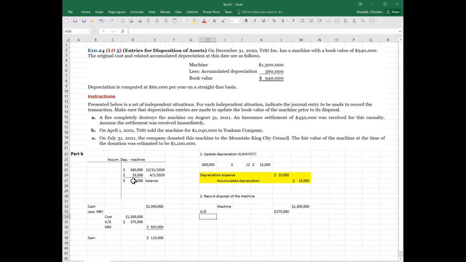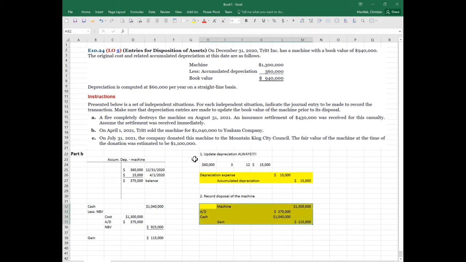We have to record the consideration received, and that's the cash of the $1,040,000. And then we've got the rest as a gain. Remember, gains make our income statement happy, credits make our income statement happy, and so we're going to record the gain of $115,000. And we've got total debits of $1,415,000, total credits of $1,415,000, so our journal entry balances.